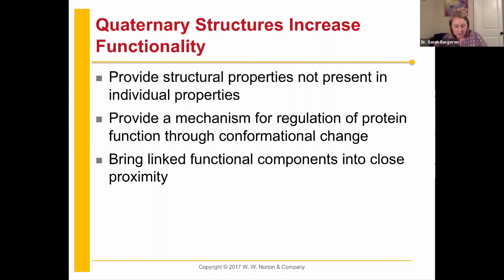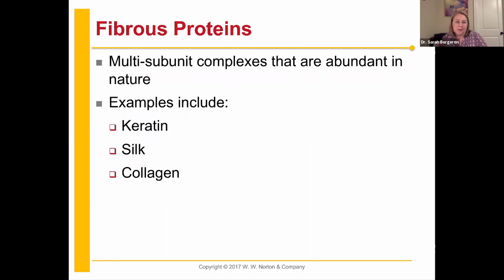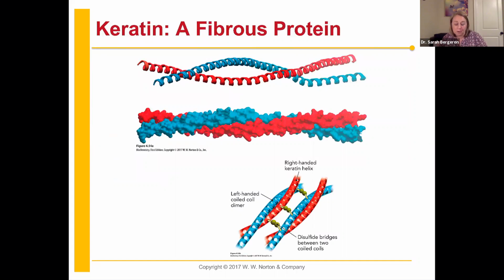Let's see. So let's talk about some of these different kinds of proteins. When we talk about quaternary structure, fibrous proteins, this is where you have lots of multi-subunit complexes. So keratin, silk, collagen. So let's talk about each one. Collagen is a homodimer.